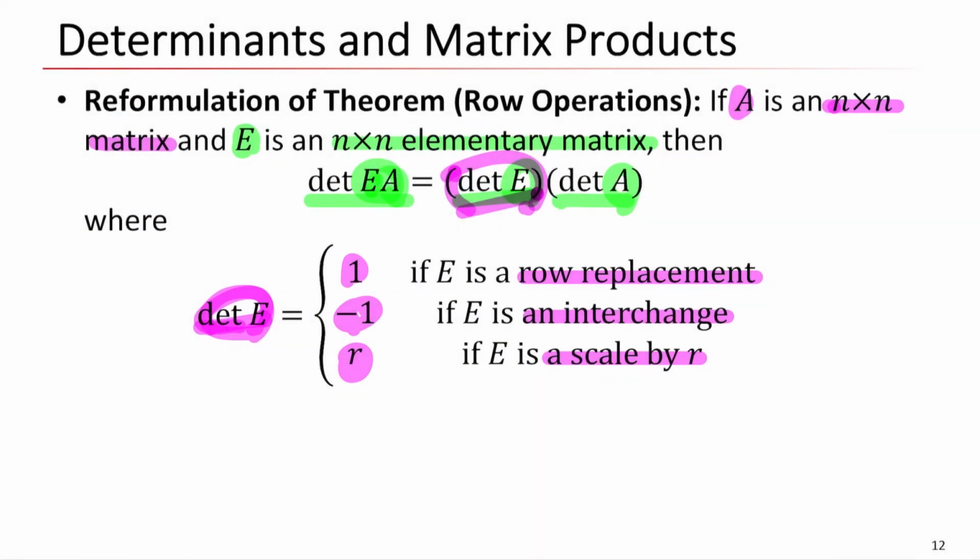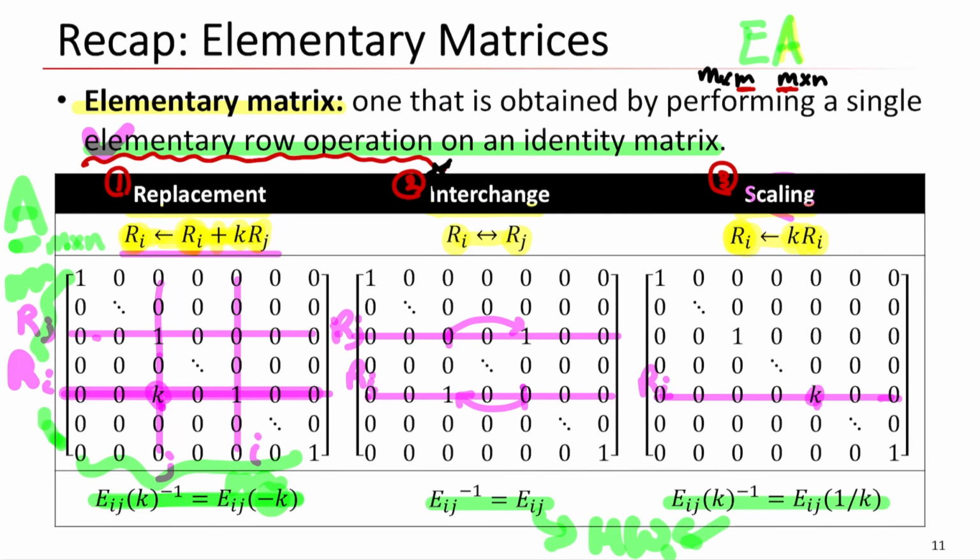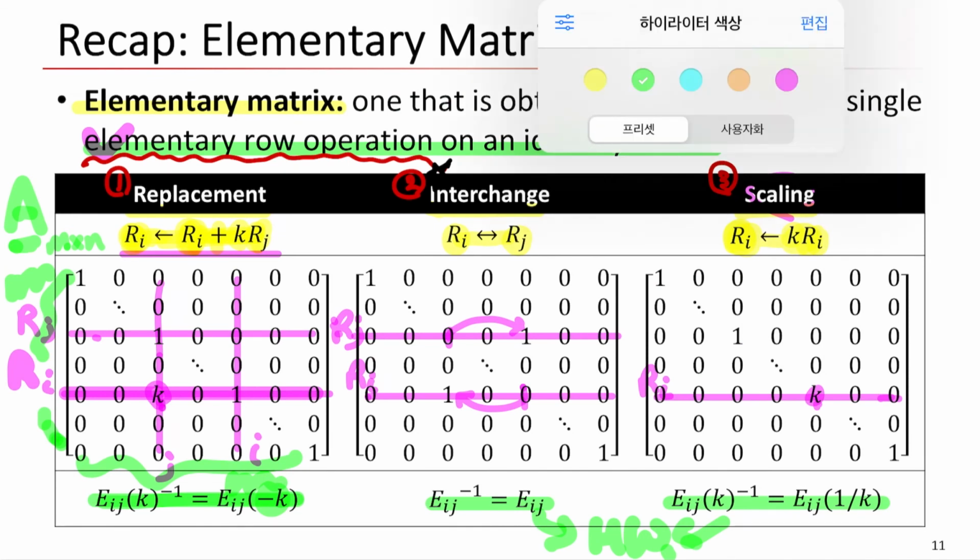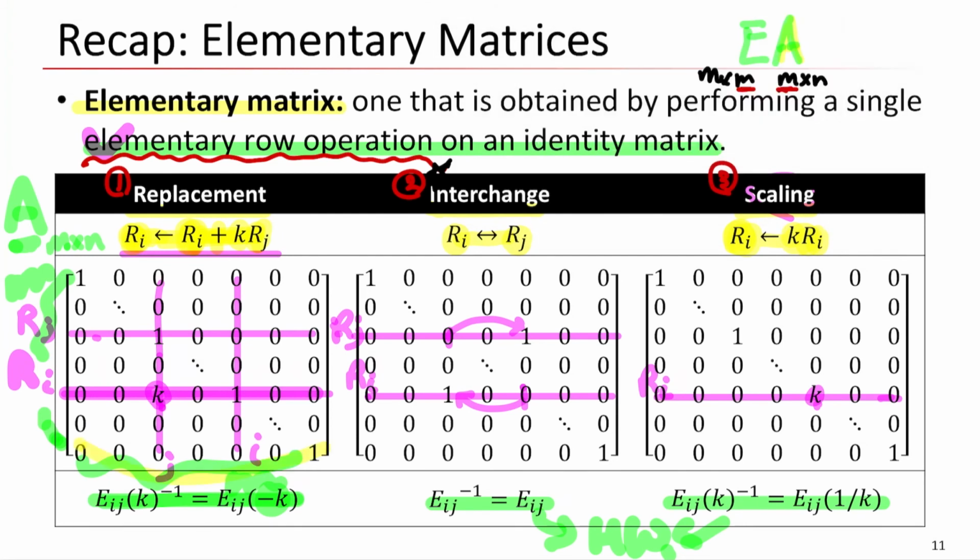So let's prove this one. First of all, what is the determinant of the row replacement matrix? If we go back to lecture 6 here, what is the determinant of this matrix?